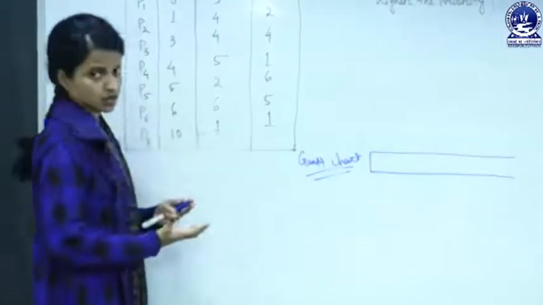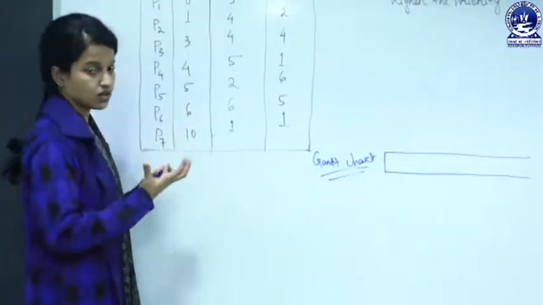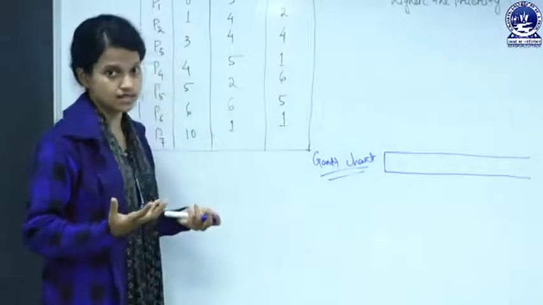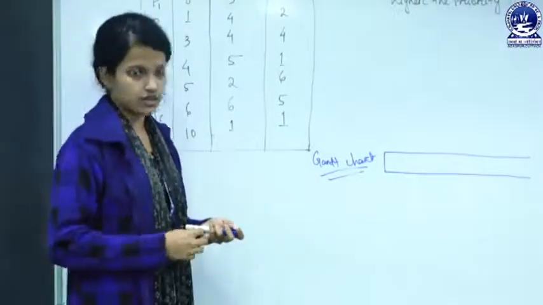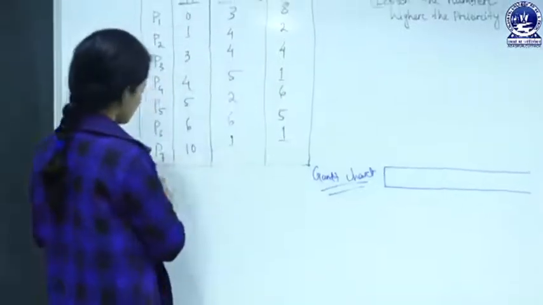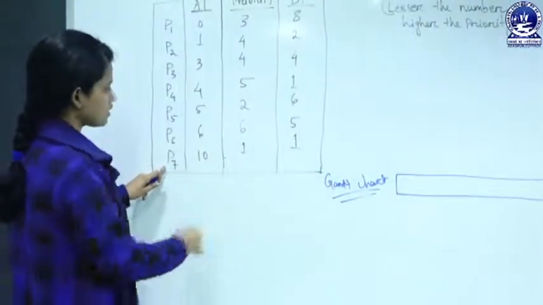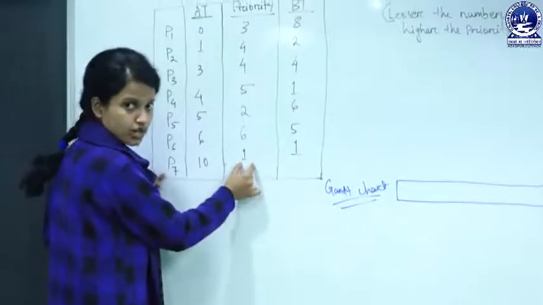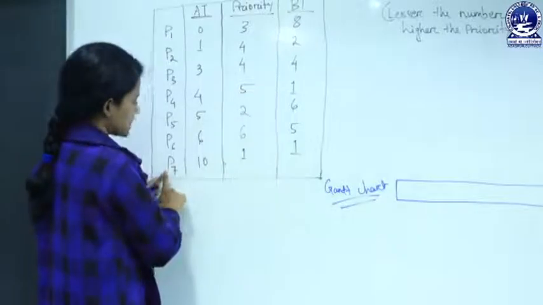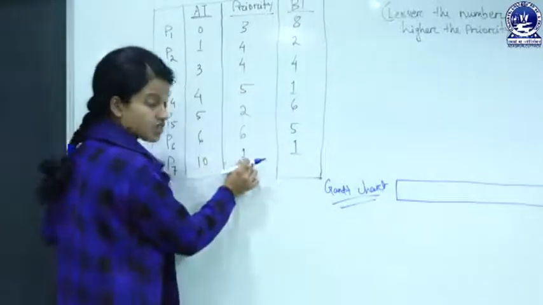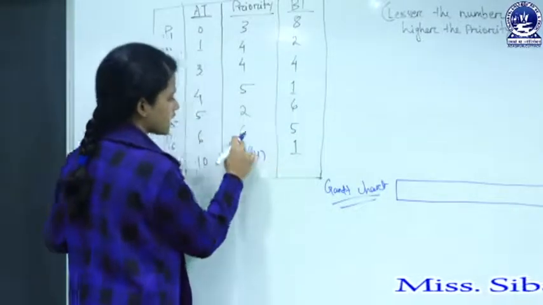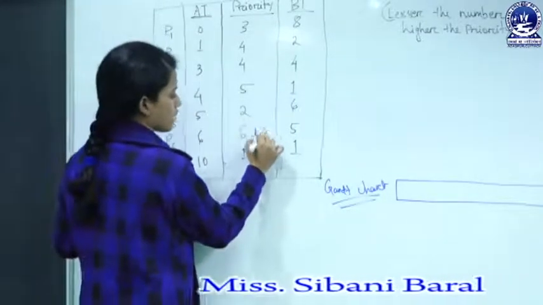How do we know which process has higher priority and which has lower priority? By the assumption that lesser the number, higher the priority. See here, P7 has the lesser number. 1 is lesser than all the other numbers, so P7 has the higher priority. 1 is the higher priority and 6 is the lower priority.